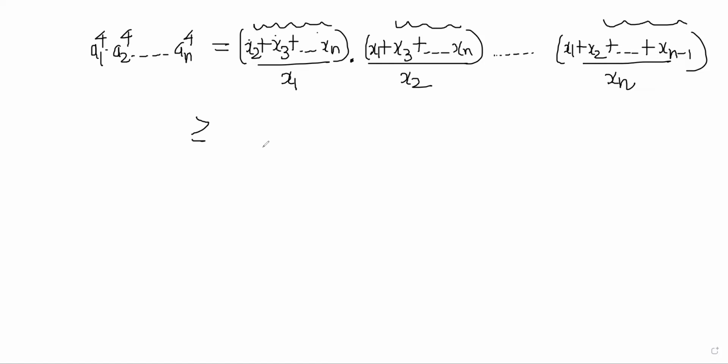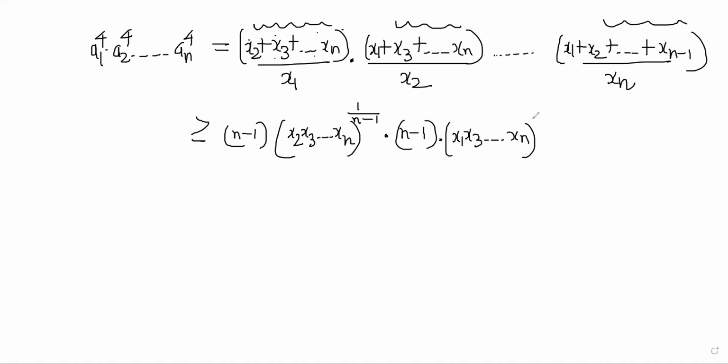So this is going to be greater than equal to n minus 1. Actually, it is on n minus 1 quantities because one quantity is missing. x1 is missing from the first bracket. So there are n minus 1 terms here. So that is greater than equal to (n minus 1) into (x2, x3, xn) whole to the power 1 by n minus 1, multiplied by this term, which will be greater than equal to (n minus 1) multiplied by (x1, x3, xn) whole to the power 1 by n minus 1, and so on.